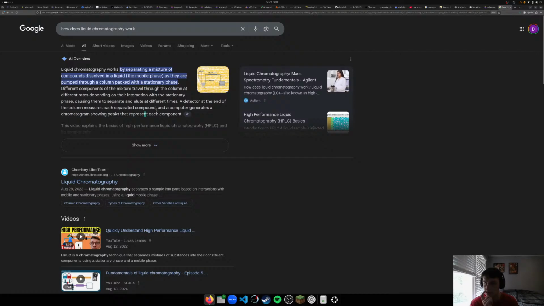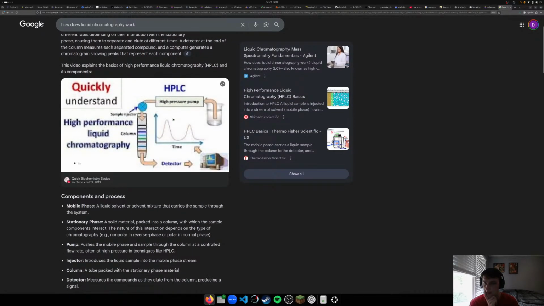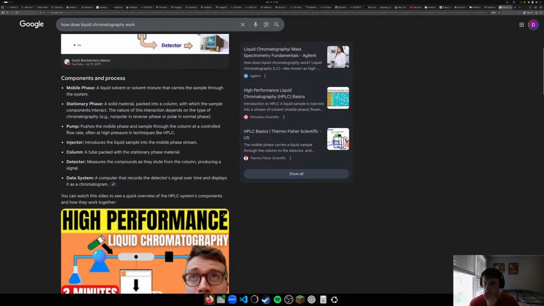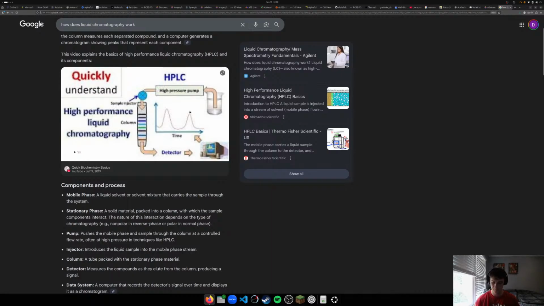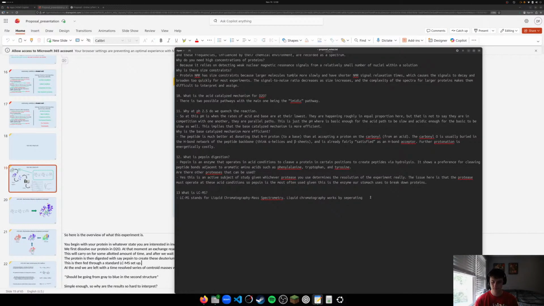Okay. I mean, that makes sense. By separating molecules in a mobile phase using a stationary phase.